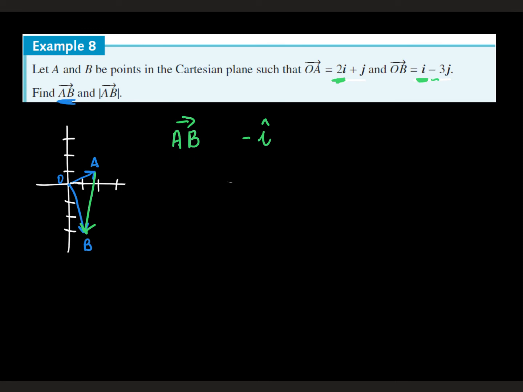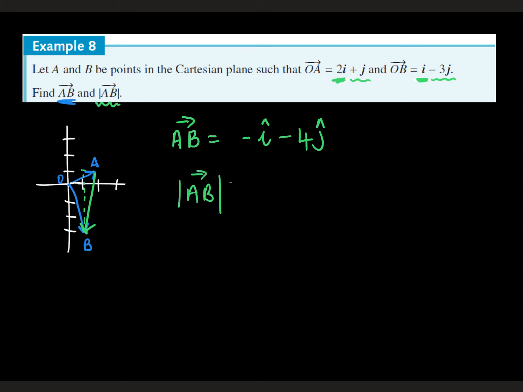And then for the j part, negative 3j, take away j, is negative 4j. So vector AB is minus i minus 4j. That means I'm going 1 to the left and 4 down. Is that what I'm doing? 1 to the left and 4 down. Yes.